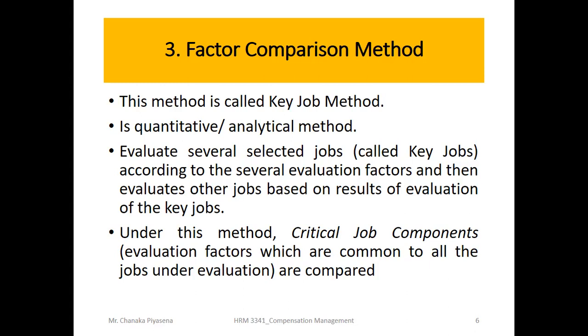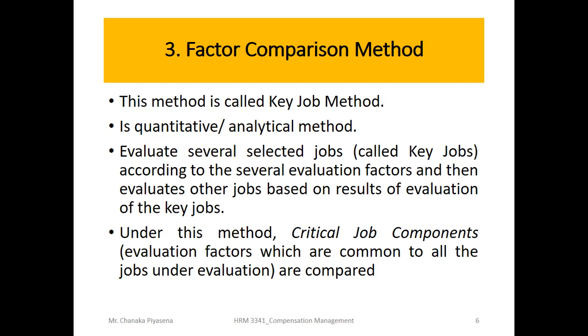But here, before comparing all the jobs, before identifying the relative worth of each and every job, as a first part, we develop the factor comparison chart based on the selected jobs.